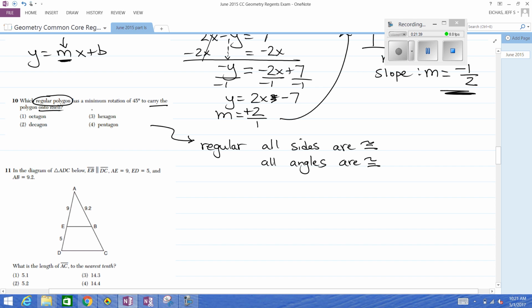Carry onto itself, it's basically what we call symmetry. So we want rotational symmetry. To achieve rotational symmetry, that's why all sides and all angles have to be the same.